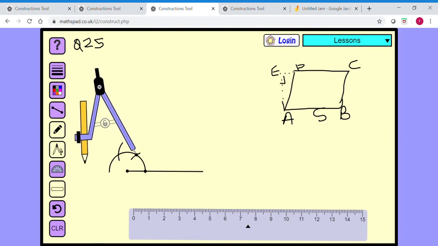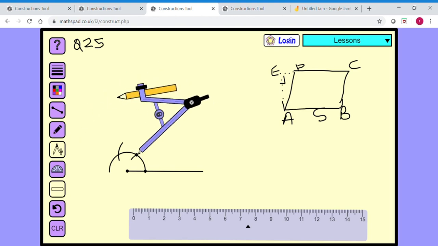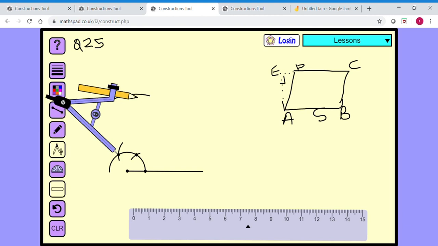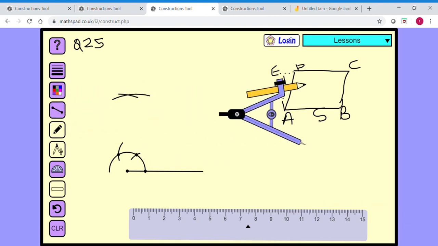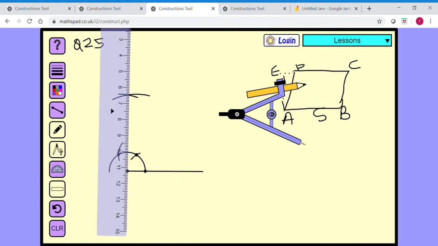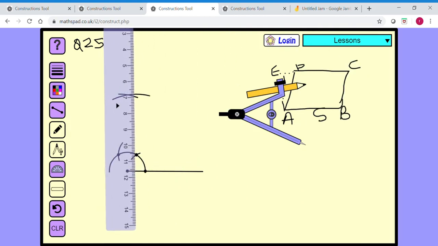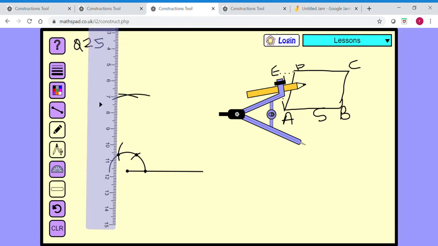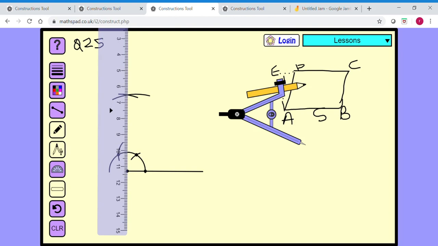Increase span. Keep it here and mark 90 somewhere here. Keep it at 120. Mark 90 somewhere here. Join using a dotted line. This is not perfect. Yes, join using a dotted line.